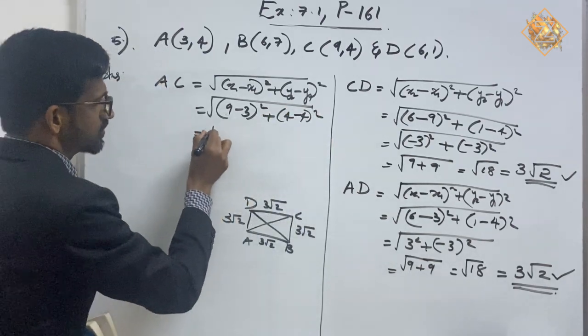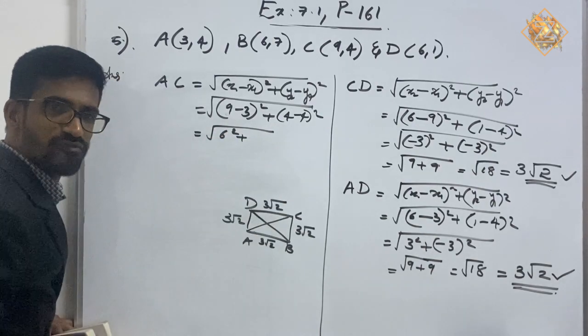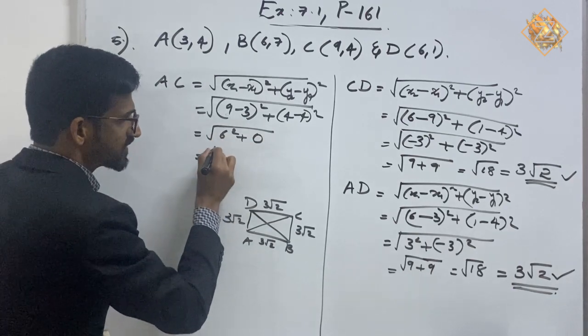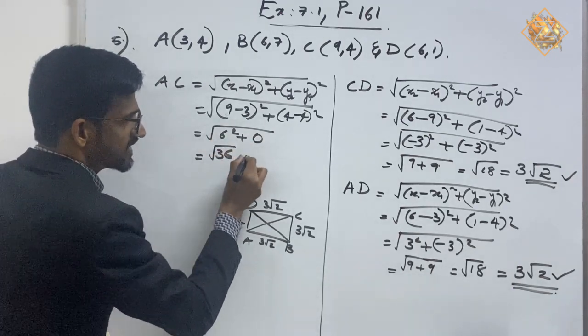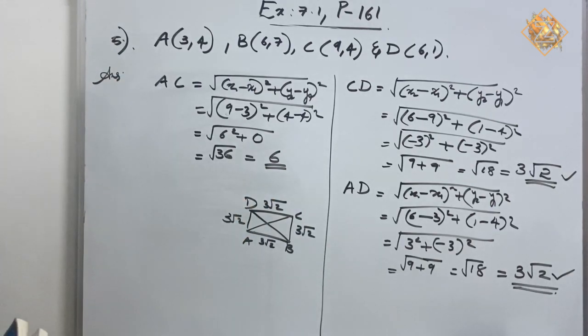So that is equal to what? Root of 9 minus 3, that is 6 square, plus 4 minus 4, that is 0. Okay, students, that is root of 6 square, that is root 36, that is equal to 6 we got. So the length of AC we got is 6.